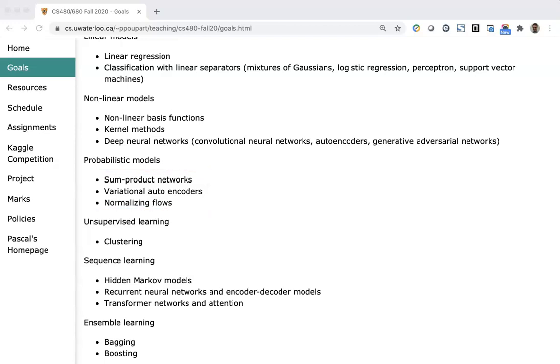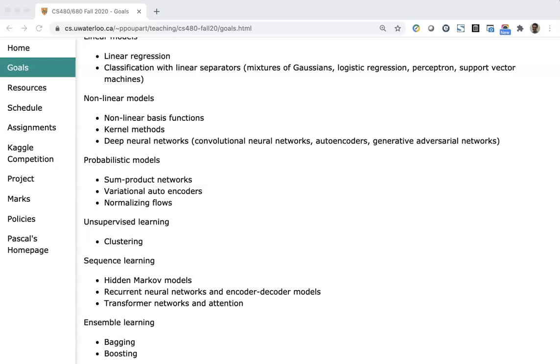Now, everything I've talked about so far is really within the realm of what is known as supervised learning, but we'll also talk a little bit about unsupervised learning, which includes clustering. After that, we'll talk about sequence learning, which is how we can deal with data sequences.